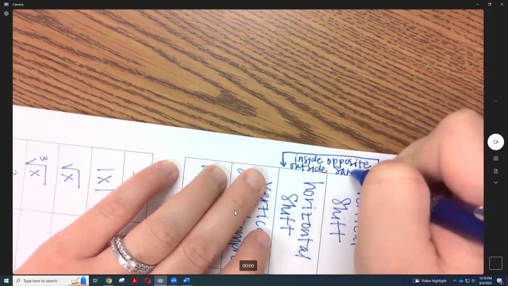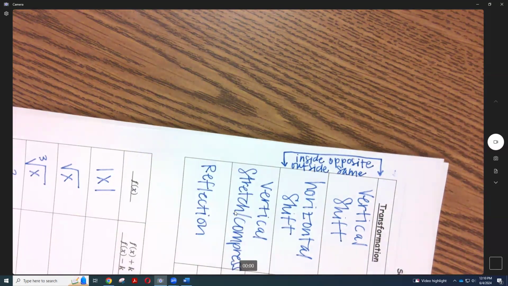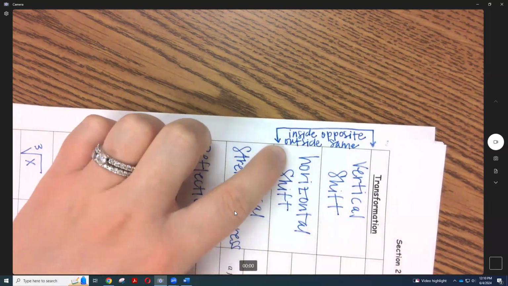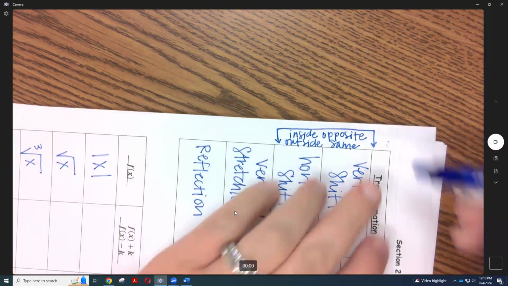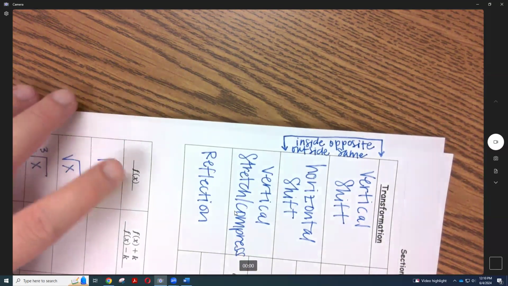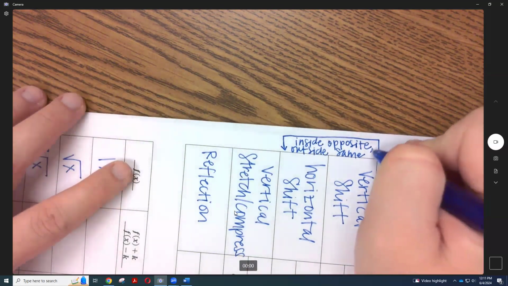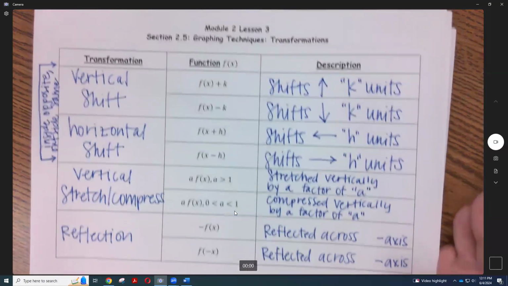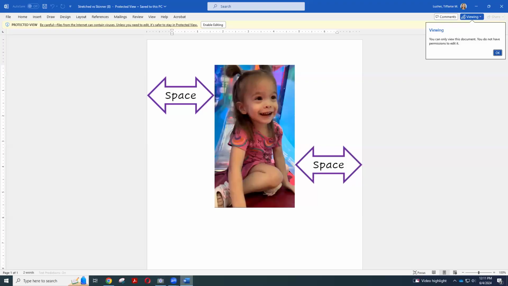Outside, same. So what happens inside the function moves opposite directions of what we think. When it is outside the function, moving it up or down, it is predictable. So plus is up, minus is down. Inside, opposite, outside, same. If that doesn't help you, forget it. But if it helps, yay. Okay, so let's look at what this is looking like here.